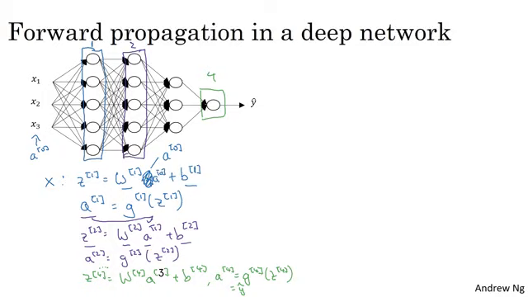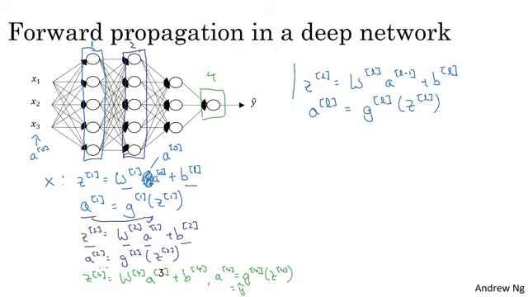The general rule is that ZL is equal to WL times A of L minus 1 plus BL, and then the activations for that layer is the activation function applied to the values Z. So that's the general forward propagation equation.